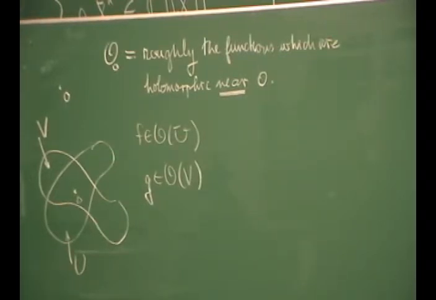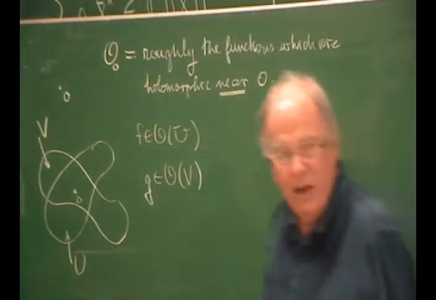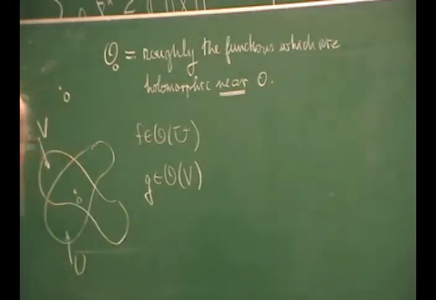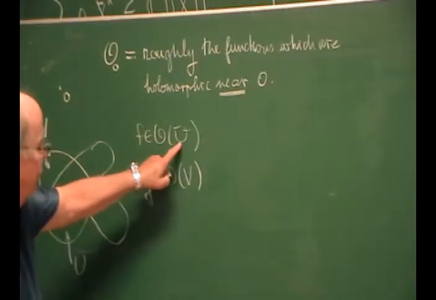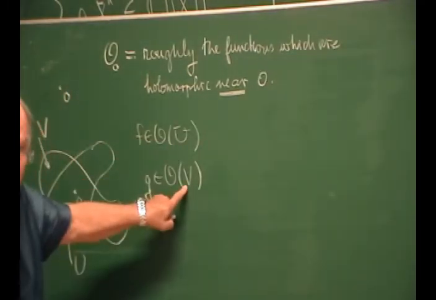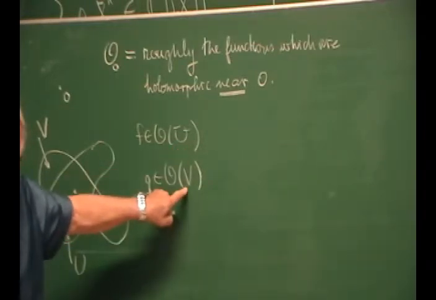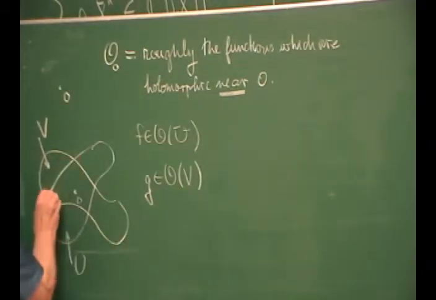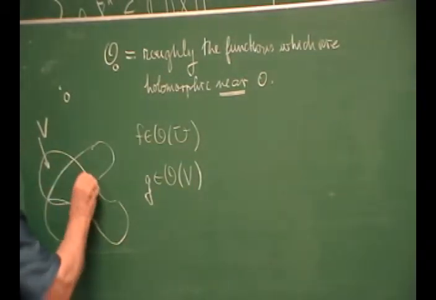I've been talking to high school kids lately. A function has a domain of definition, right? And so a function holomorphic on U and a function holomorphic on V are two different functions, because they have two different domains of definition. But these U and V intersect some way here like this.